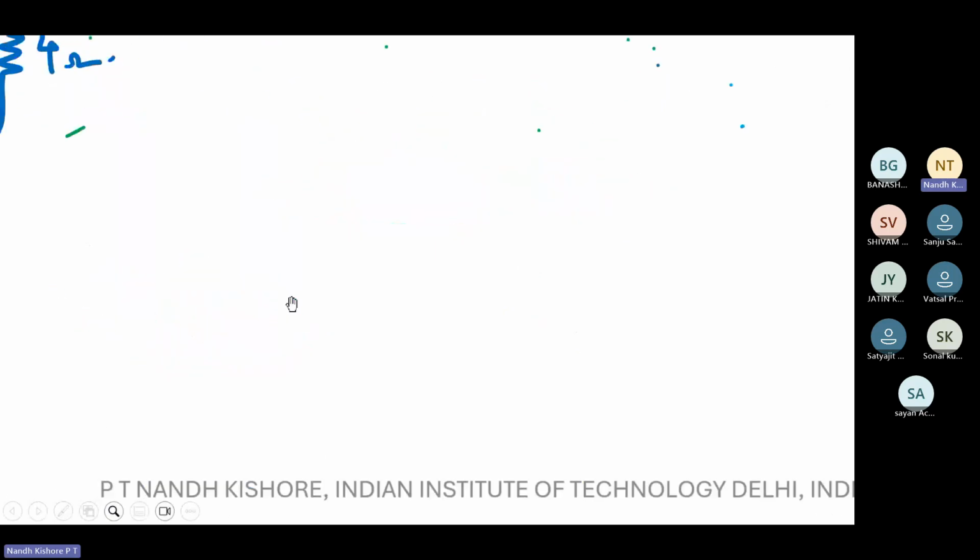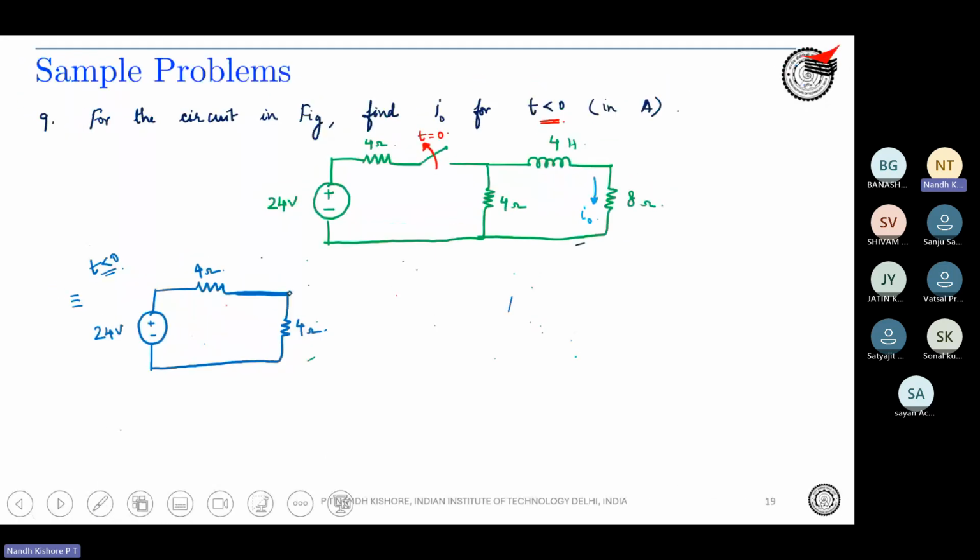As you told, inductor is short circuit. There is 8 ohms. This is our I0. So what is the current I0? Very simple question, right? What is the current through the 8 ohm resistor?